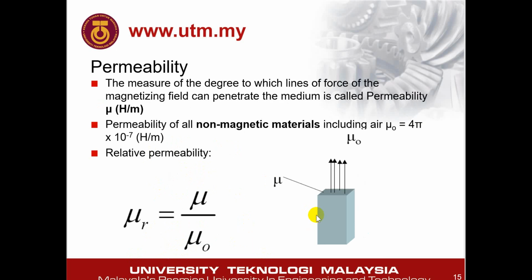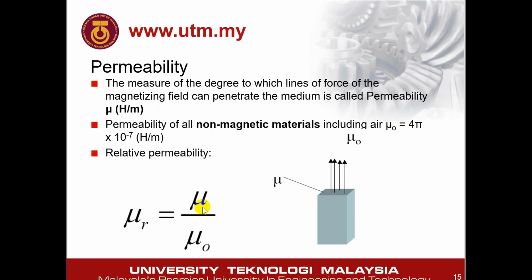Next thing you have to know is the permeability. The symbol is mu, and the unit is henry per meter. Permeability of all non-magnetic material is mu naught.